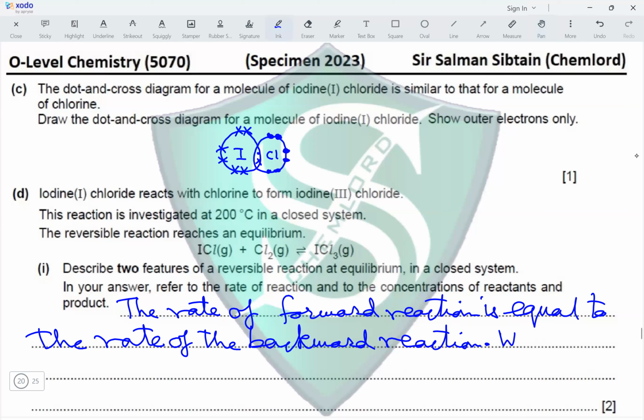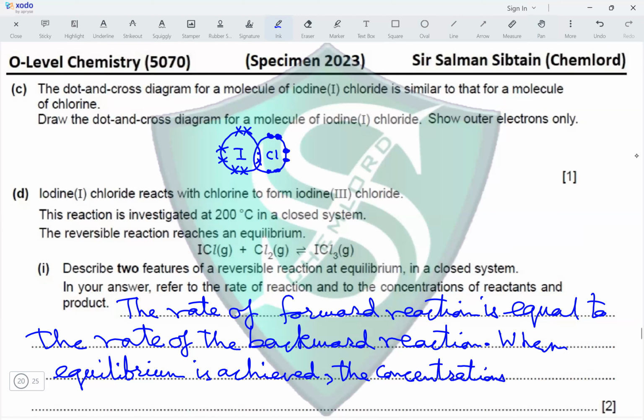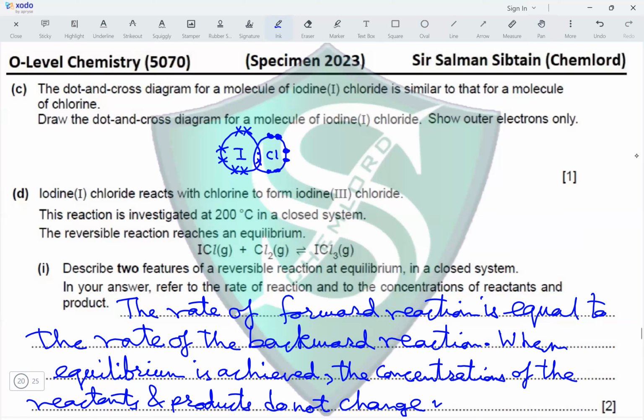So we will write, when equilibrium is achieved, the concentrations of the reactants and products do not change with time.